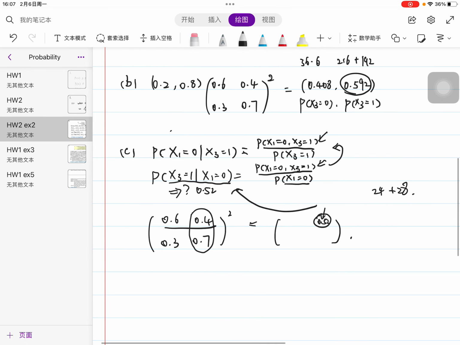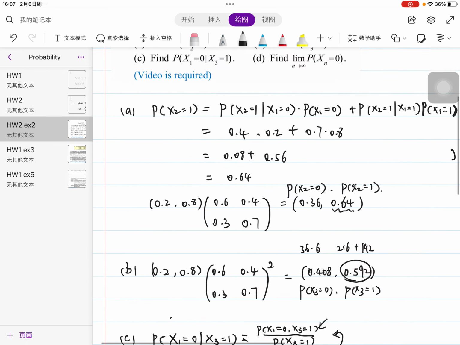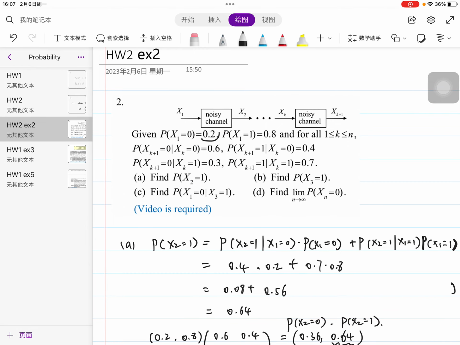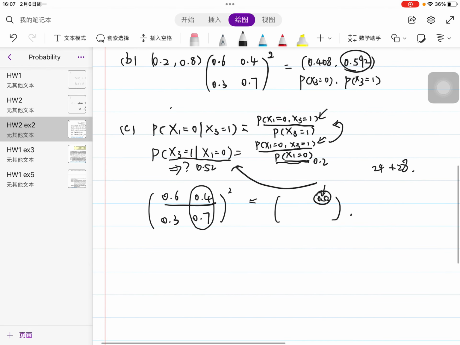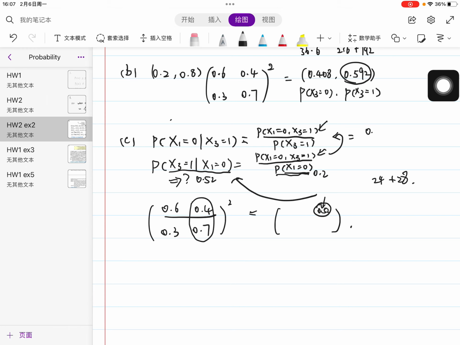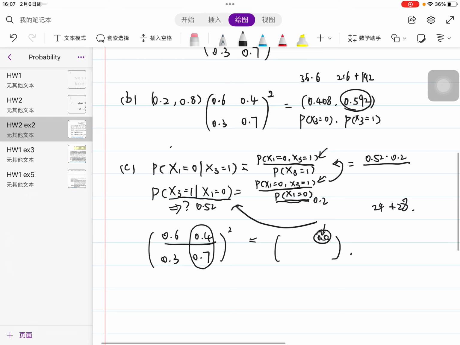Here it is 0.52, and based on the question, x1 equals 0 is 0.2. So here we could get 0.52 times 0.2 over x3 equals 1, that is 0.592. And now we could get the answer, that is 0.176.